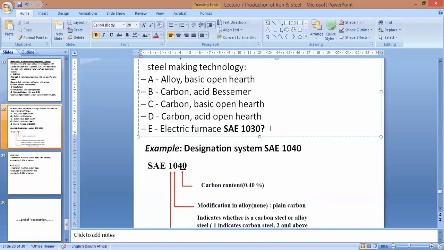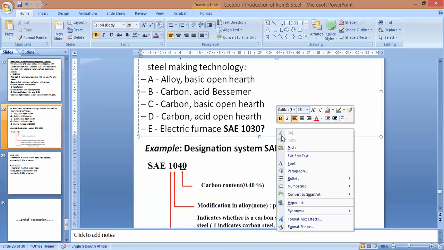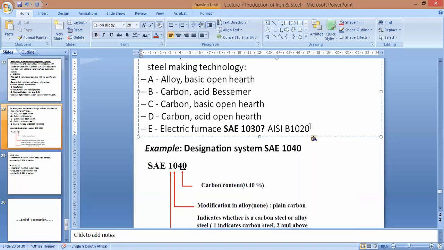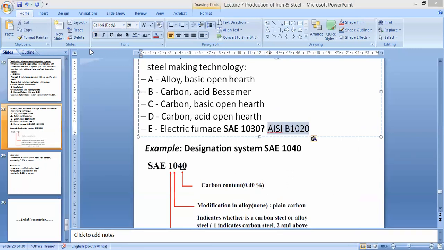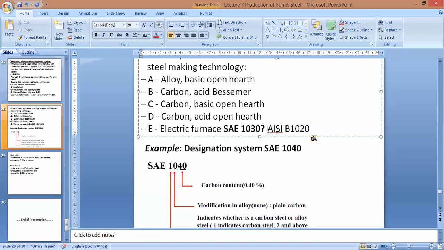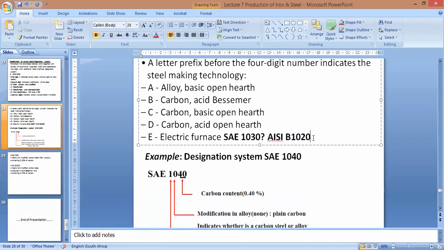Let's try another one. AISI B1020. Anyone to give it a try?